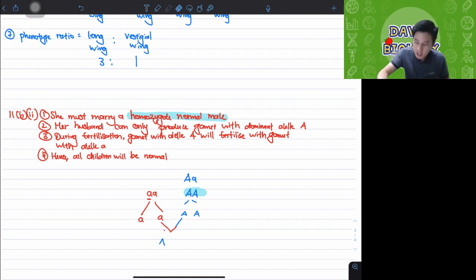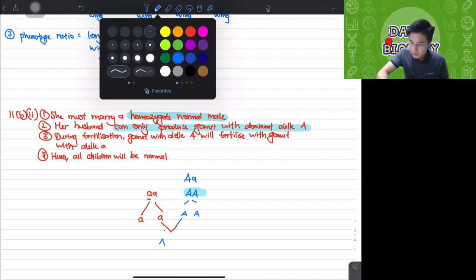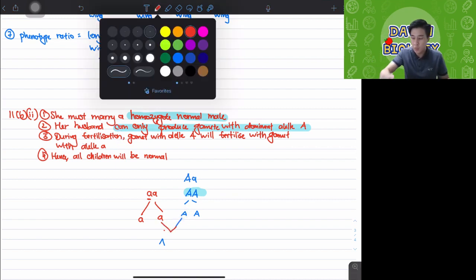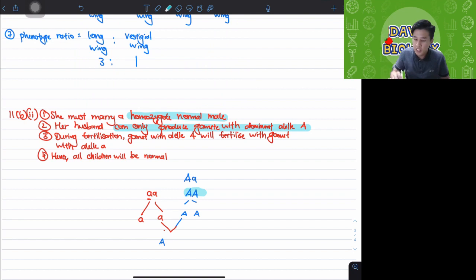So therefore, I explain here because her husband can only produce gamete with dominant allele big A. So as I show you here, during fertilization, the gamete with big A will fertilize with small a. So all the children will definitely get one big A. So all the children will be big A, small a.